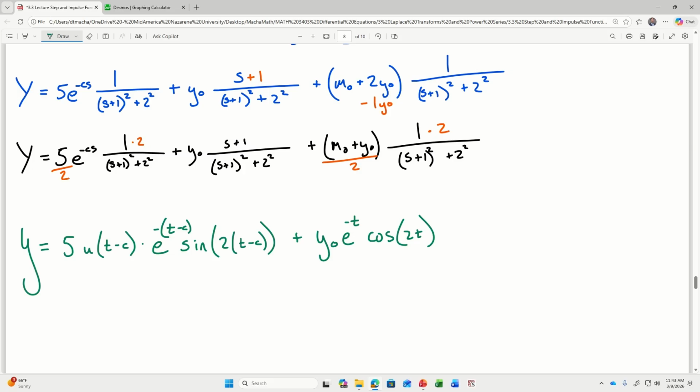You're right that your table says e to the at, but the a you're expecting to see is s minus a here. The table looks like s minus a squared. And so if I see s plus a number, then that means I take the negative of this number, and so the a is actually negative 1. It's like s minus negative 1. And so I should have e to the power negative 1 t.